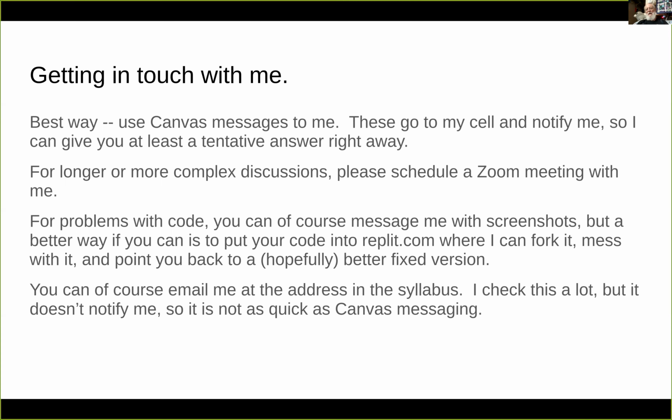A better way for really tricky problems, ones that you're really stuck on, is to put your code into replit.com. That's an online IDE, a cloud-based development environment, which is free to use, at least in limited quantities.